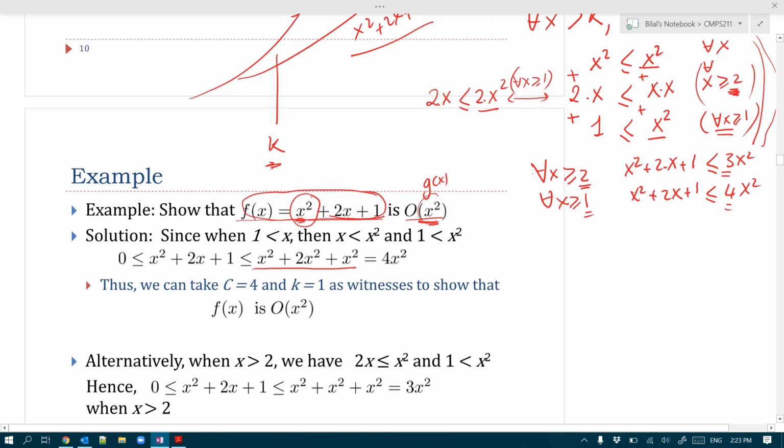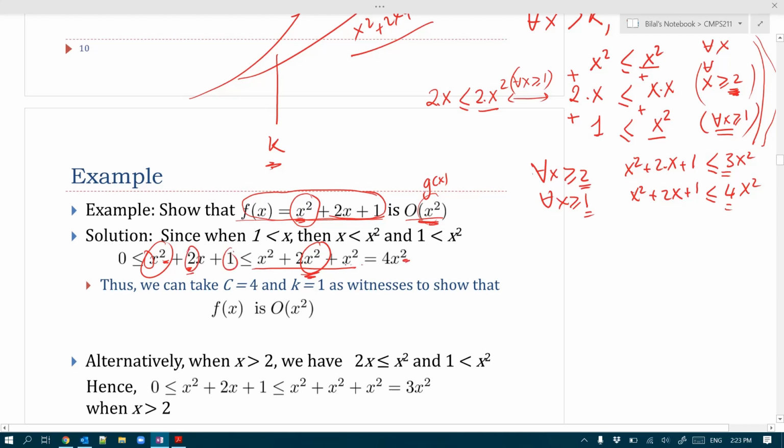Just measure each term that you have here by the corresponding term with the highest power, and with the same coefficient. So you will end up having this term being measured by the sum of those coefficients multiplying the highest power.